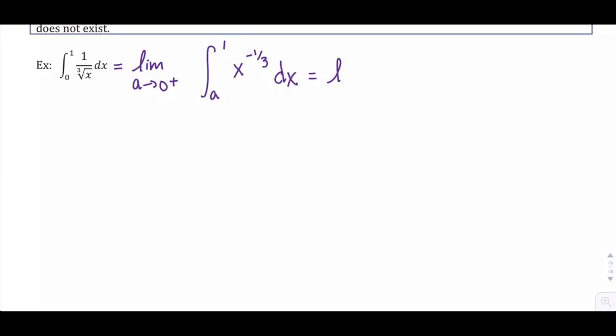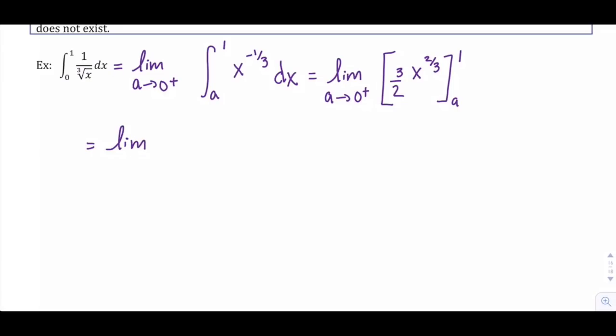This is going to give us the limit as a goes to 0 from the right of x to the 2/3 times 3/2 evaluated from a to 1. Let's go ahead and substitute in our limits of integration there.